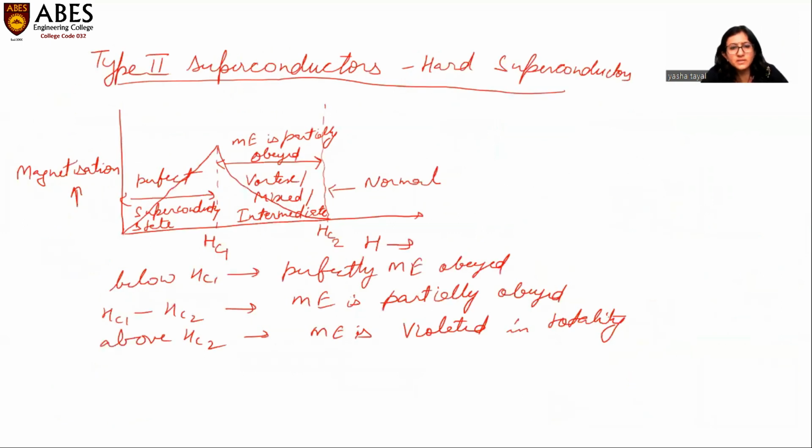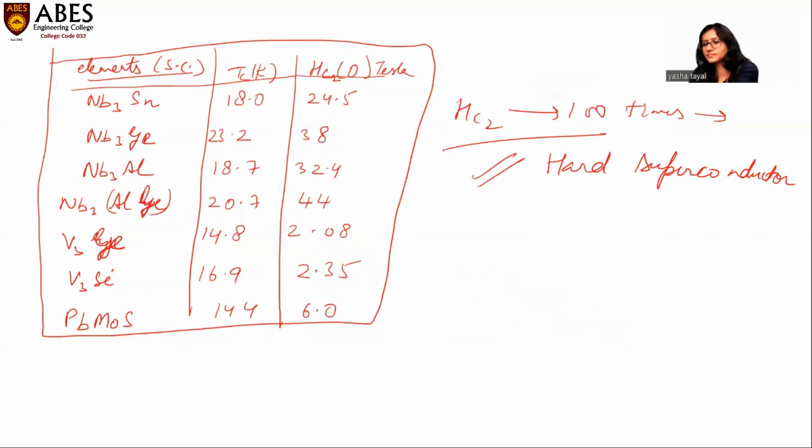Now for type 2 superconductors, materials hold the superconductivity property even at very high magnetic field. There are two regions in it: one which shows perfect Meissner effect, and the region which shows partial obeying of the Meissner effect. That is the vortex or mixed state. And above Hc2, we have normal behavior. So these are the two types which we had.